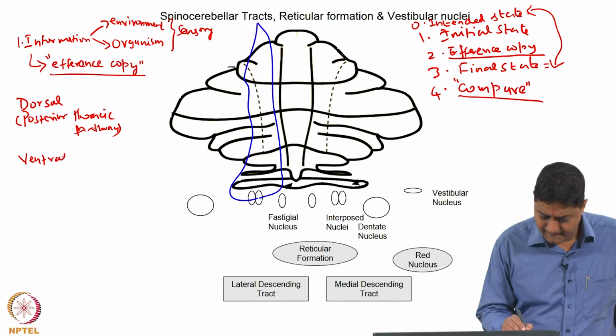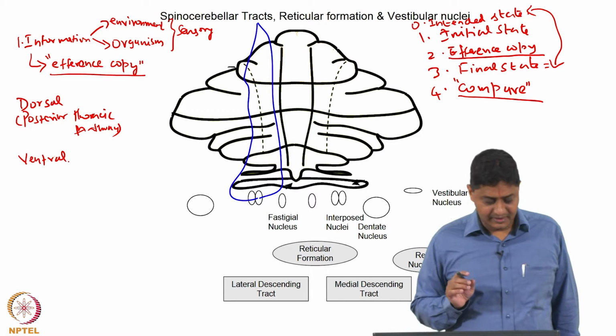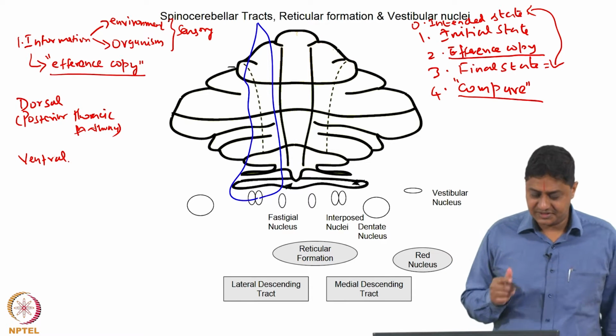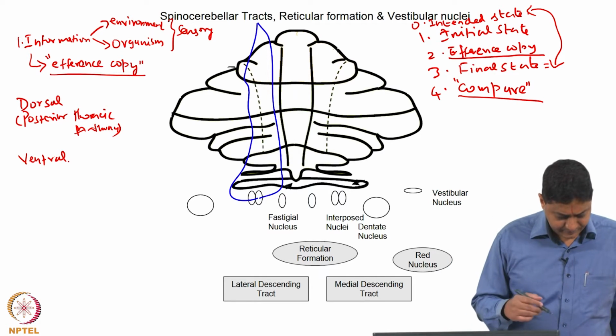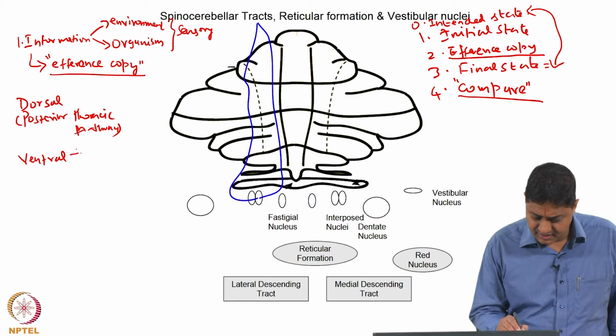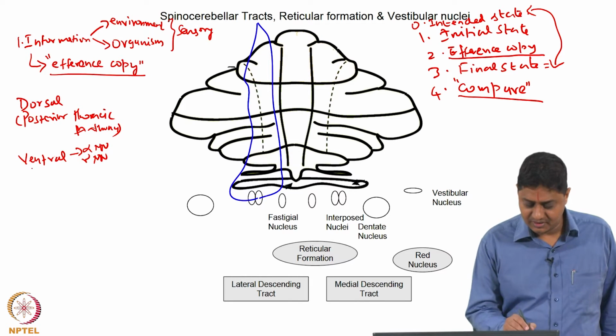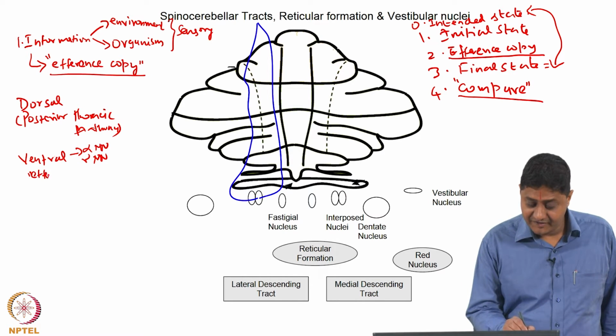ventral. Whenever we say ventral, we are immediately reminded that the ventral part of the spinal cord is responsible for motor functions, right. So it has the same input as the alpha motor neuron, gamma motor neuron, or spinal motor neuron inputs, the efferent copy.